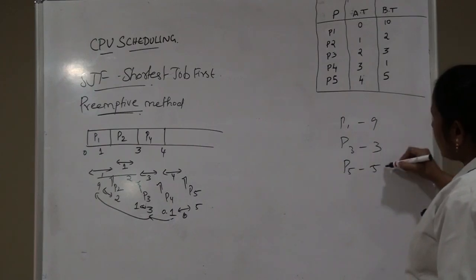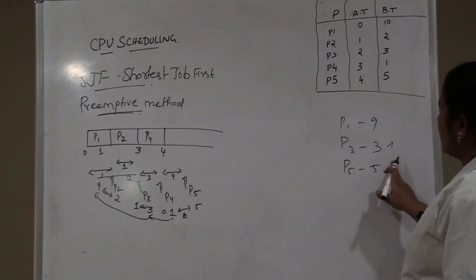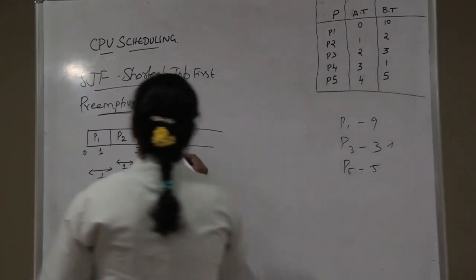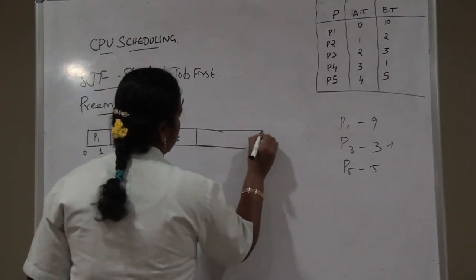The one with the least burst time is 3, so you take it into consideration. So process P3 executes here.